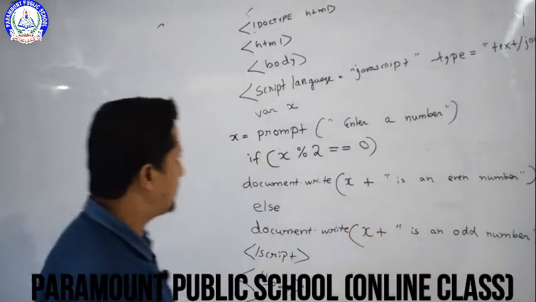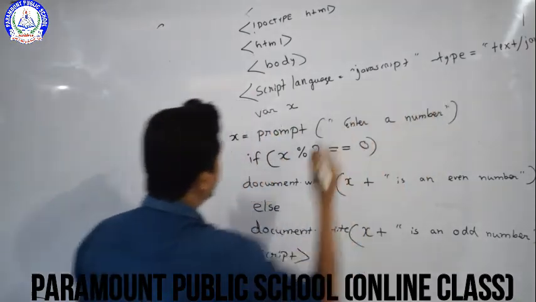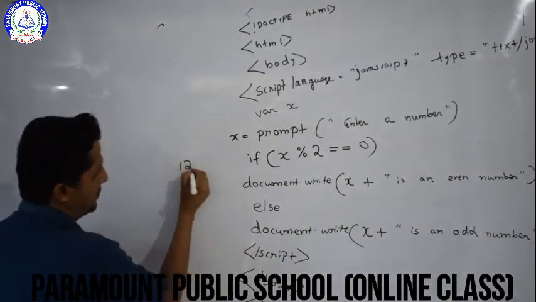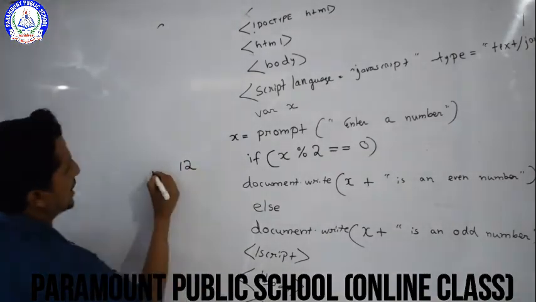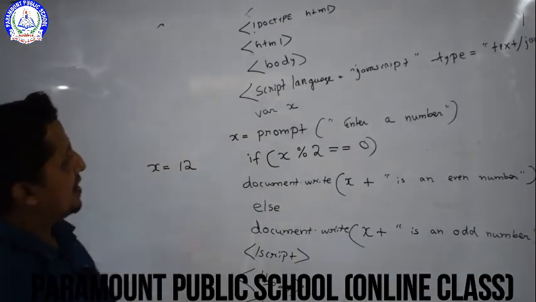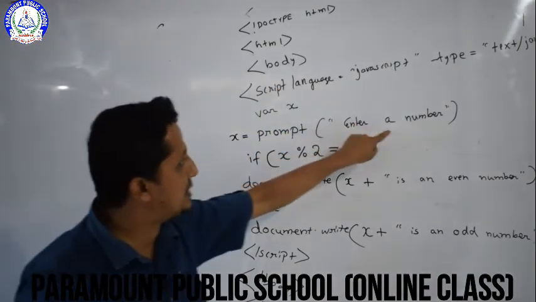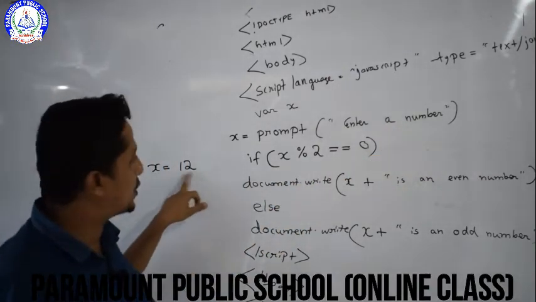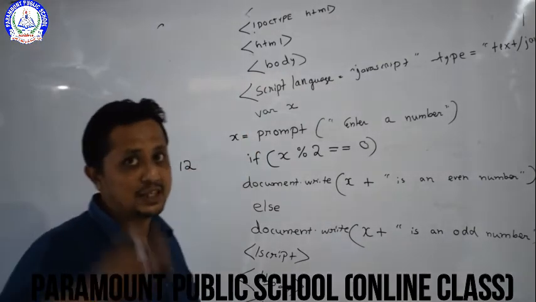Say, for example, when this message comes, enter a number, we enter the number, say 12. Now x is equal to 12. So the value of x is 12.